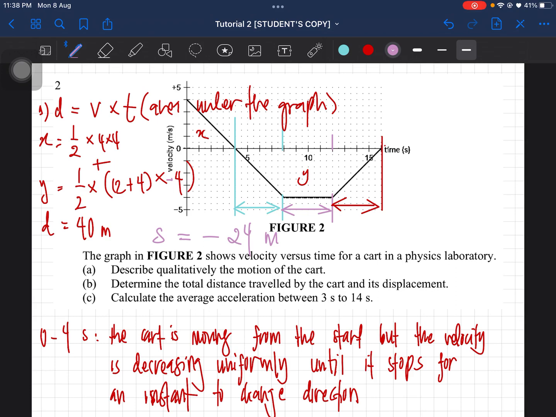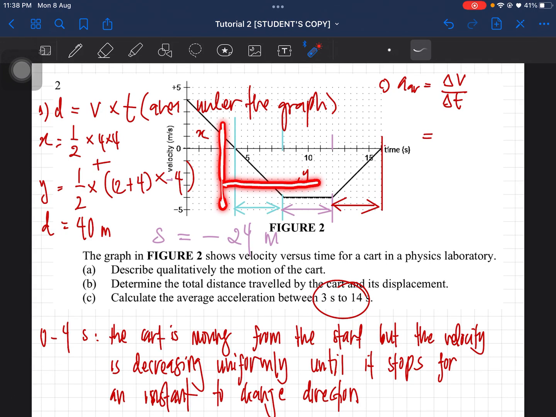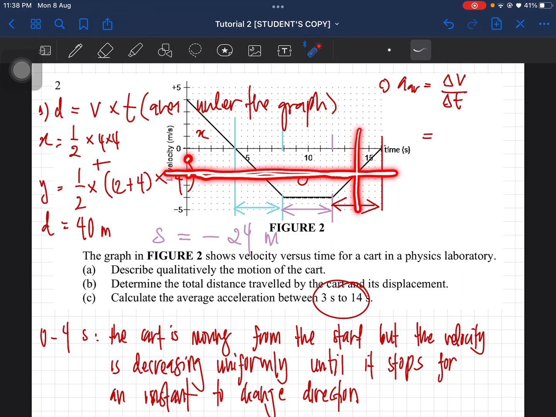Lastly, you have to calculate the average acceleration. The average acceleration is delta v divided by delta t. It is from 3 to 14 seconds, which is this part here. The velocity at 3 seconds is 1, and at 14 seconds it is negative 2.